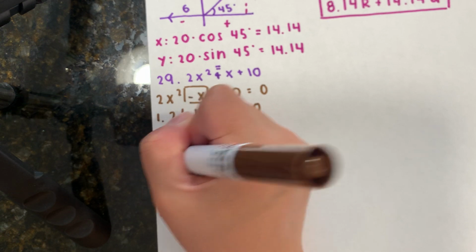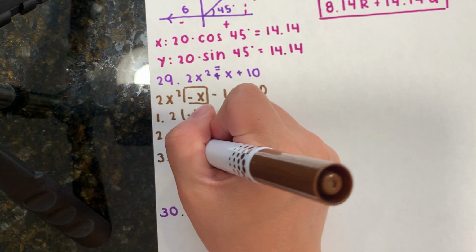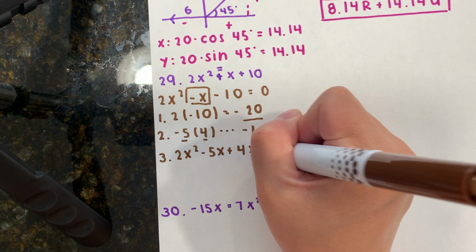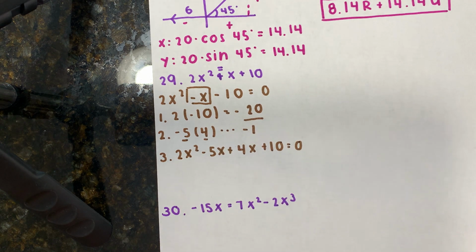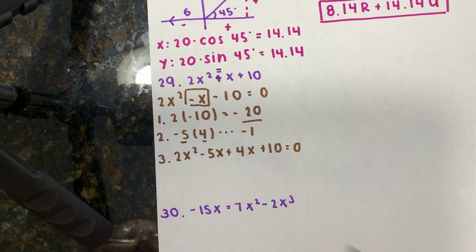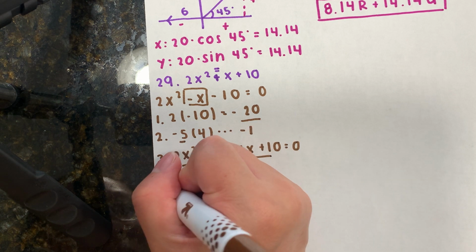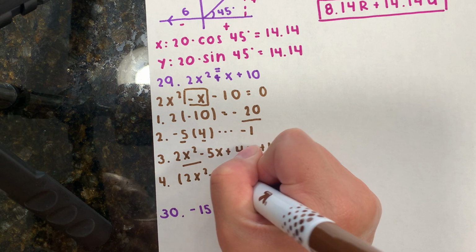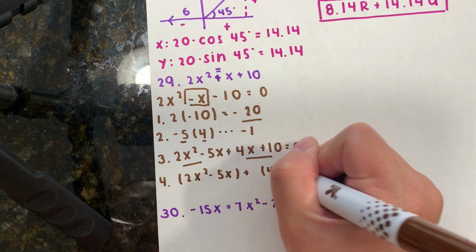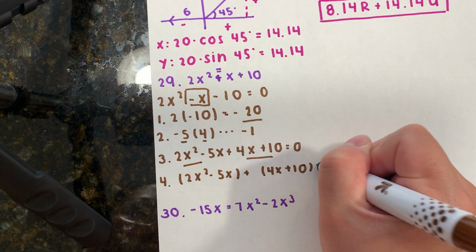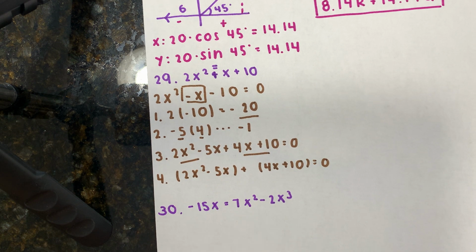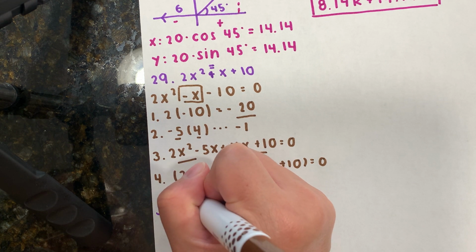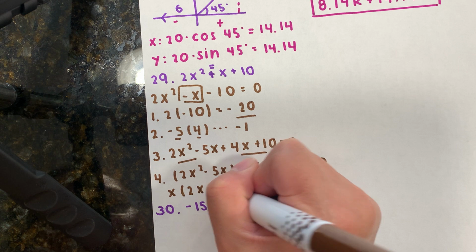So for step 3, you have 2x squared minus 5x plus 4x minus 10 equals 0. Now you'll separate those into two separate parentheses. In the first parentheses, the only thing you can factor out is an x, leaving you with 2x minus 5.